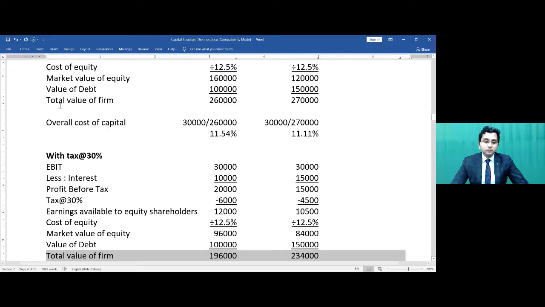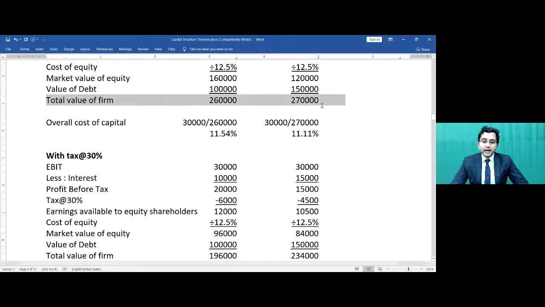Total value of the firm without tax was 260 and 270. So with increase in debt, value was increasing just by 10,000 rupees, 2,60,000 and 2,70,000.